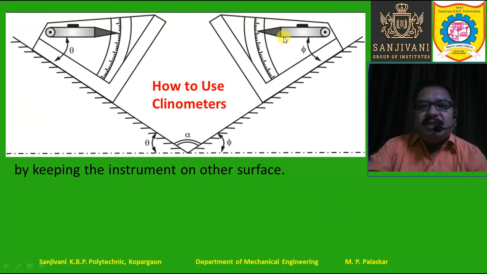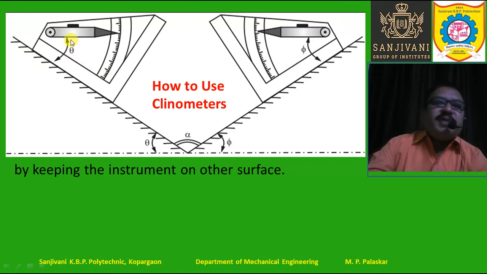When we keep the instrument on the first face, this face, the clinometer will show angle theta. This is the angle theta between this horizontal line and this particular surface.